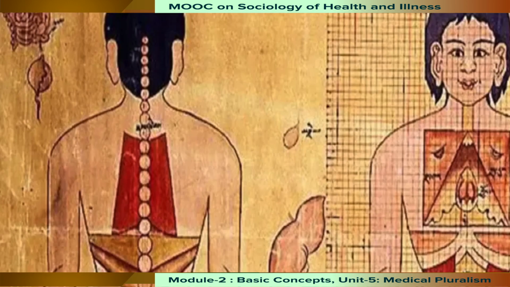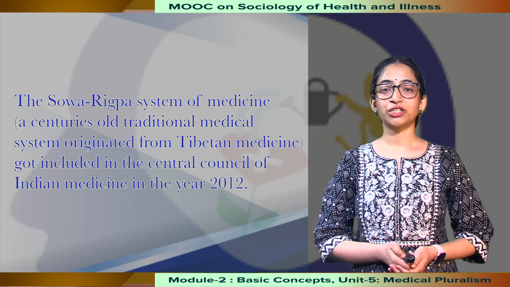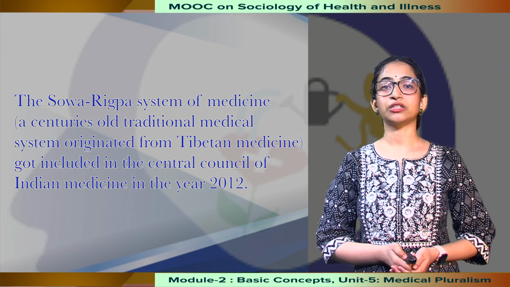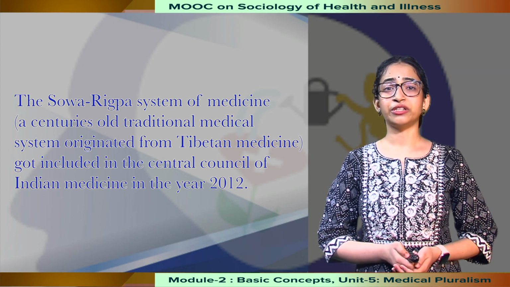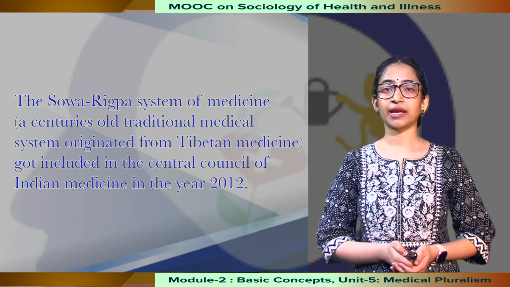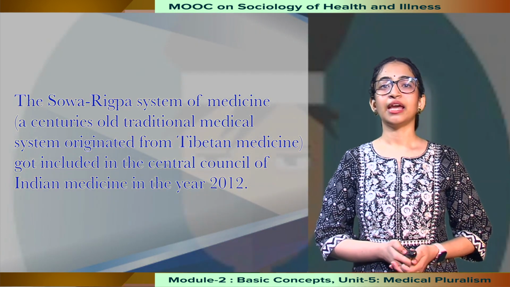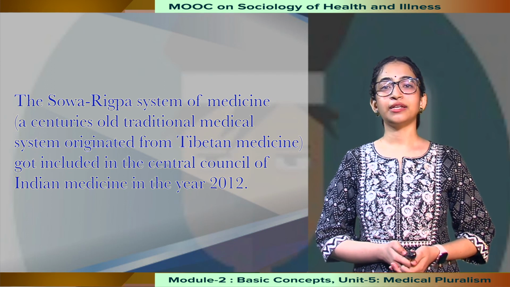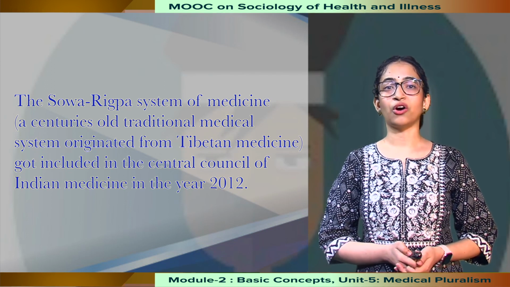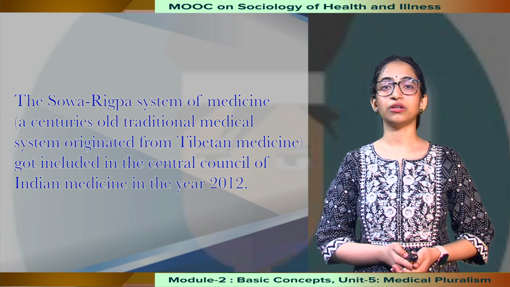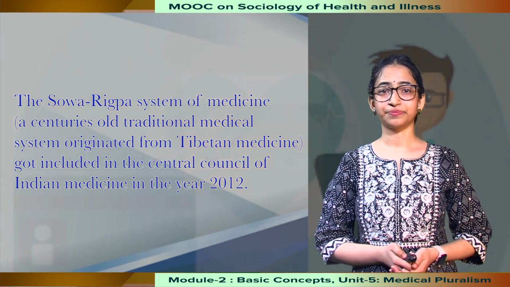The Sowa Rigpa system of medicine, which is a centuries-old traditional medical system originated from Tibetan medicine, which I have already mentioned in the earlier half of the chapter, also got included in the Central Council of Indian Medicine in the year 2012.